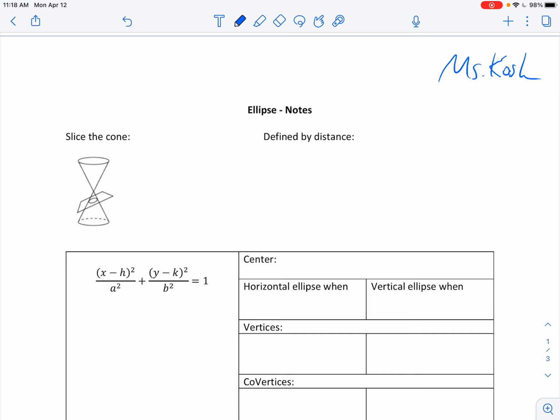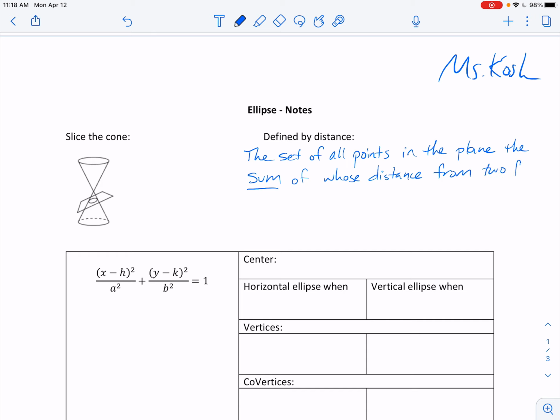An ellipse is defined as the set of all points in the plane, the sum of whose distance from two fixed points, and those points are called the foci, is a constant.